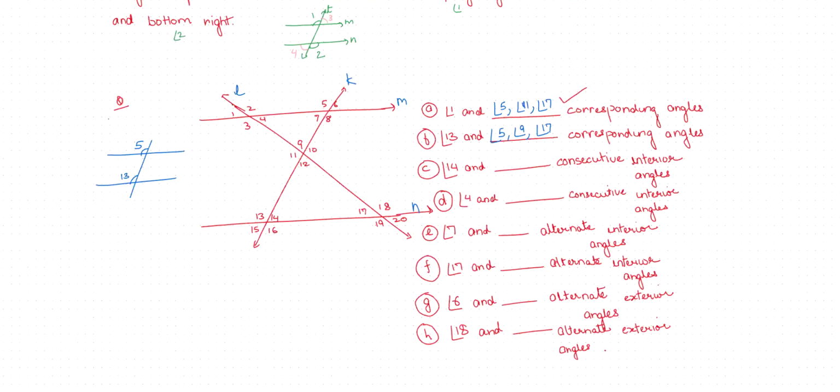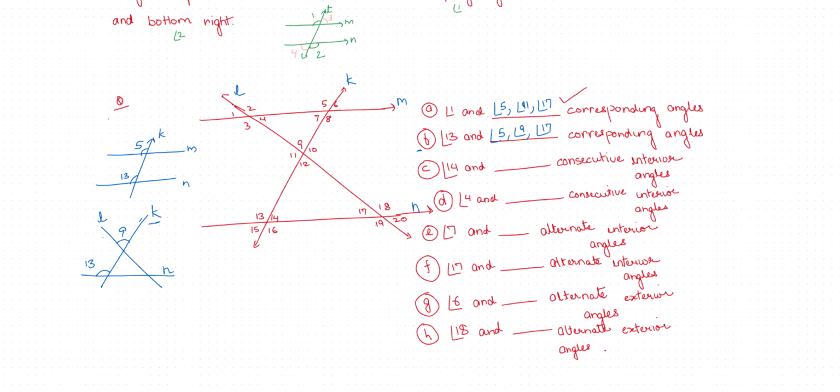So here the transversal line is line K, and these are lines M and N. So we can say in question B, 13 and 5 are the corresponding angles. And similarly, here we can see that line K is the transversal, and 13 and 9 are both corresponding.